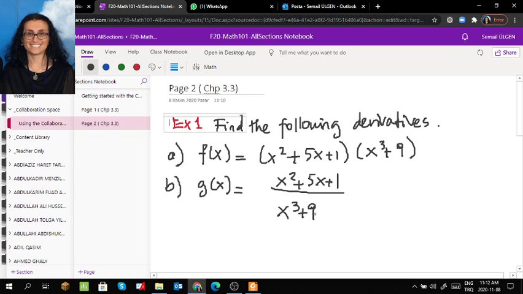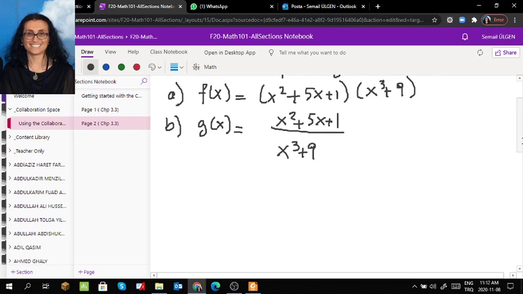I created these two examples, and I'm going to do the solutions right now. Let me get back to the red color. Solution for A. The derivative of f with respect to x is going to be: I keep the first function as it is and take the derivative of the second, x squared plus 5x plus 1.